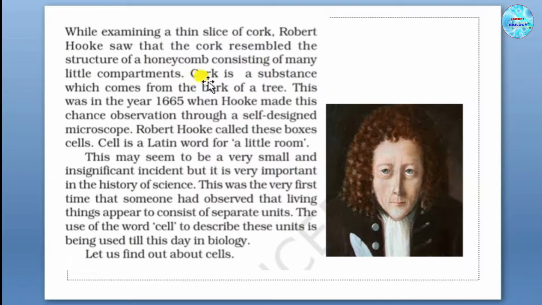Since the cork consists of little compartments, Robert Hooke named these compartments or boxes as cells. Cell is a Latin word which means a little room. This discovery may seem to be a very small and insignificant incident, but it was very important for the history of science, because before Robert Hooke, no person knew that living things are made up of such compartments.